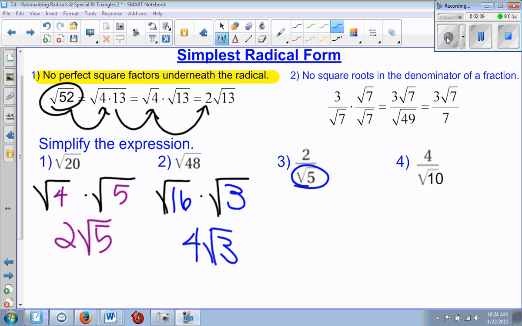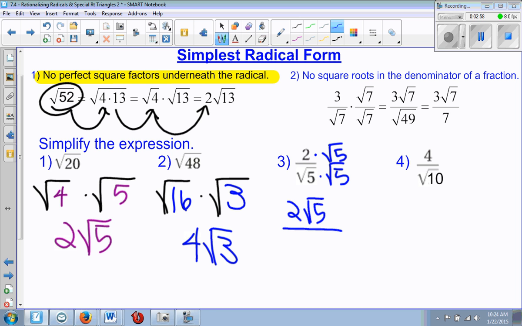So to fix the issue of having a square root in the denominator, what we're going to do is we're going to take that same root and we're going to multiply numerator and denominator by it. This is called rationalizing the denominator. So what that does, in the numerator of the fraction, you get 2 square root of 5.